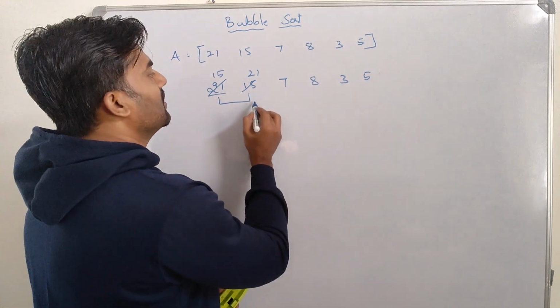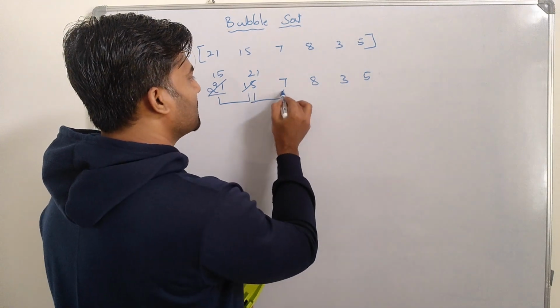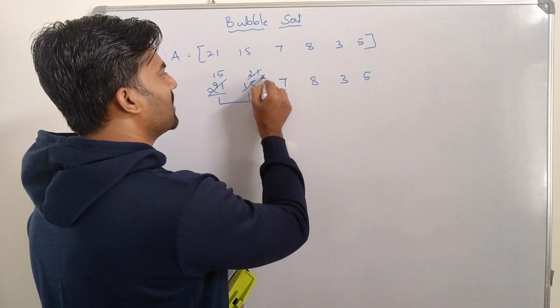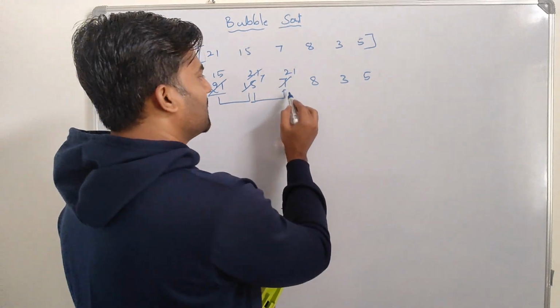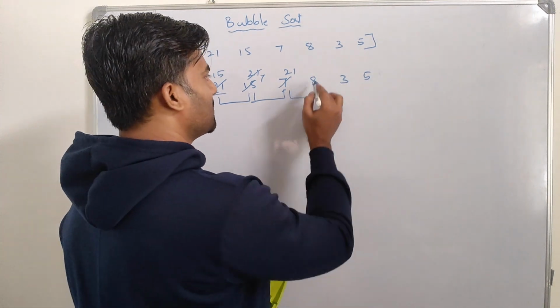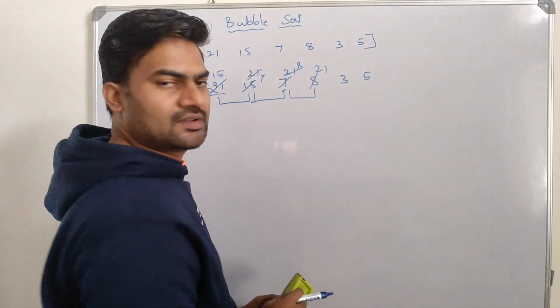Now from this position I will do the same thing. I will compare this with 7. Which one is bigger? 21 is bigger, so I will swap them. Again I will compare this with the next element. Which one is bigger? 21 is bigger, so I will simply swap them.